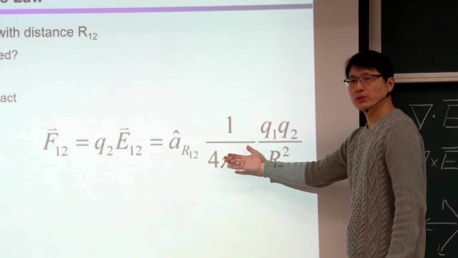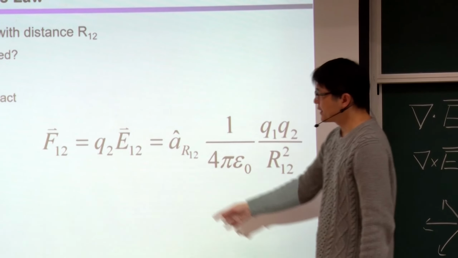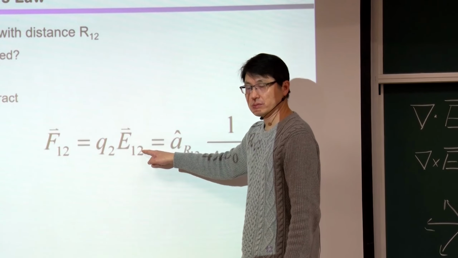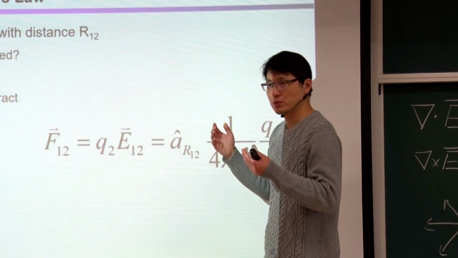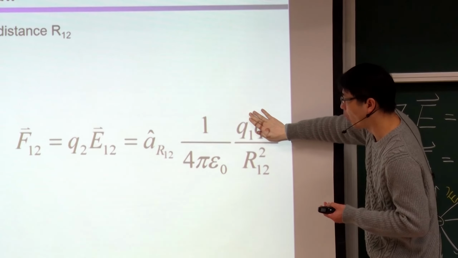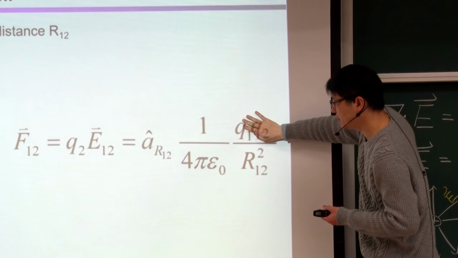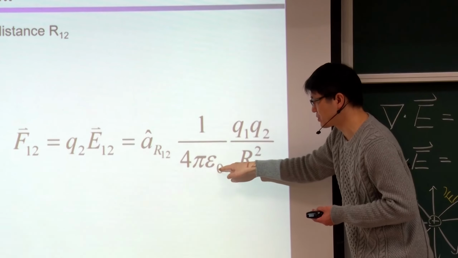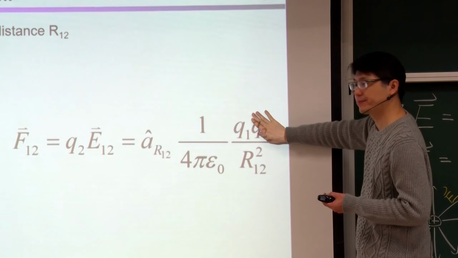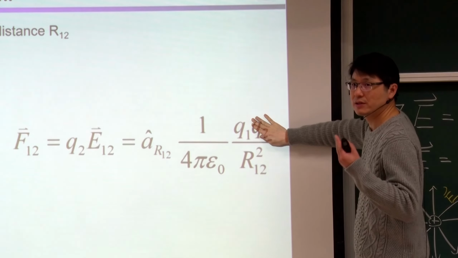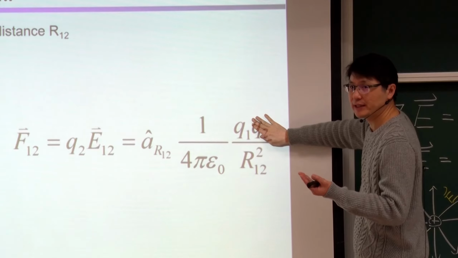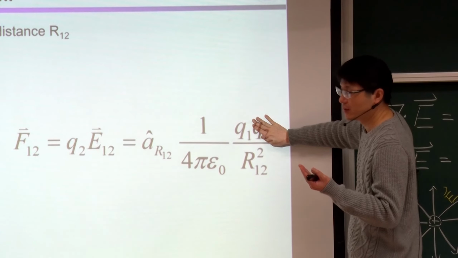Charge 2 is only trying to contribute its amount of charge. But you know the answer already, because E12 is already derived in the previous part, right? It's just Q1 divided by 4 pi epsilon 0 R12 squared, right? This is E12, the field distribution created by the first charge.